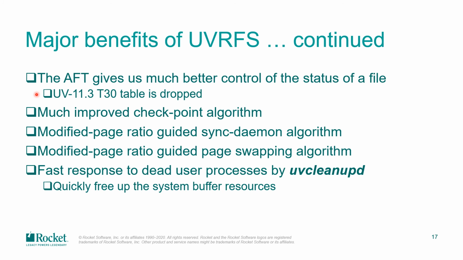So in combination with the UV cleanup daemon, we can very precisely maintain this table in a very secure way. Also we embedded the T30 table into the AFT table, so we dropped the T30 table. The T30 table manages the UniVerse dynamic file operations, and in the history it gave us so much trouble. If it's wrong, the dynamic file can easily get corrupted.